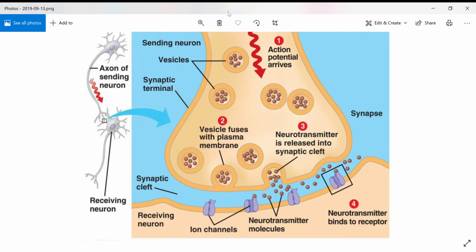Now, when this is all happening, the action potential is getting sent down the axon into the terminal buttons. And this little section right here is what we're looking at. So the action potential will arrive at the terminal buttons, and it's not in this picture right now, but this action potential causes calcium gated channels on this terminal button to open, and calcium will go into the cell.